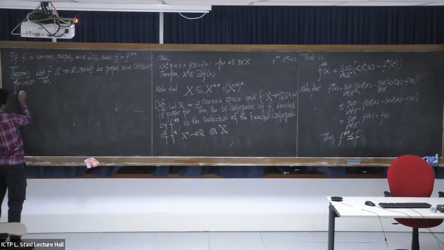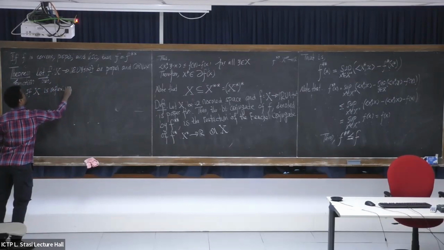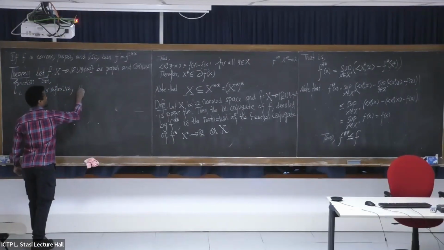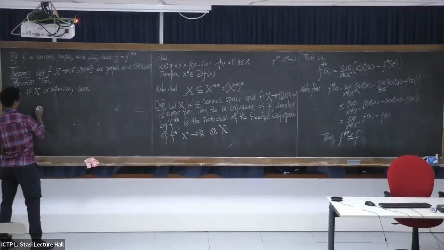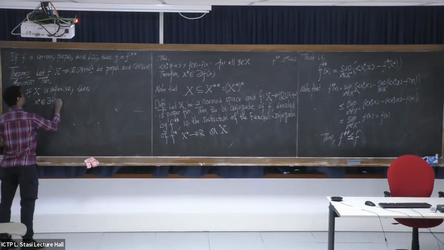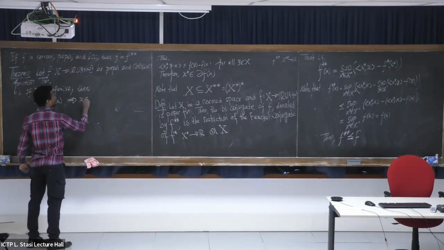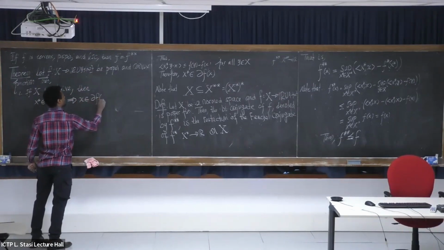Then the following holds. If X is a reflexive normed space, then X star is an element of the subdifferential of f at x implies x is an element of the subdifferential of f star at x star.